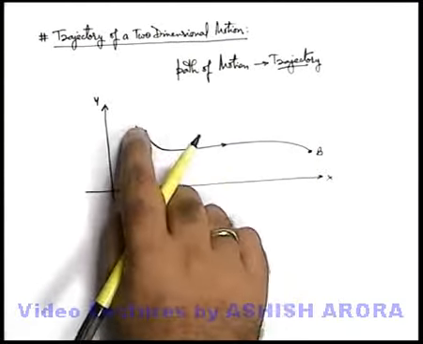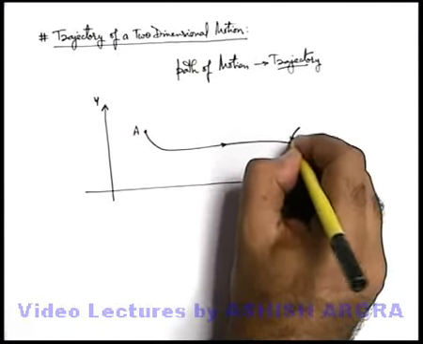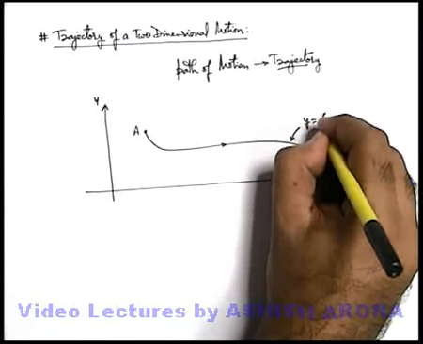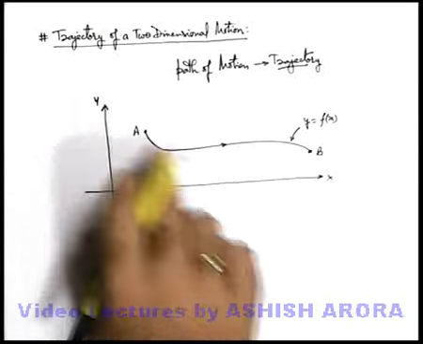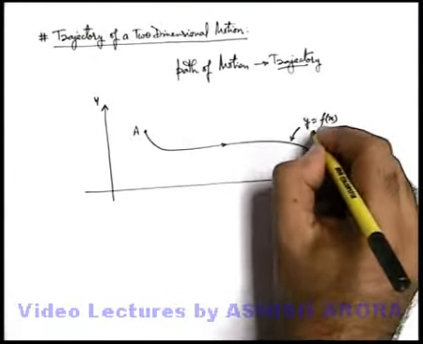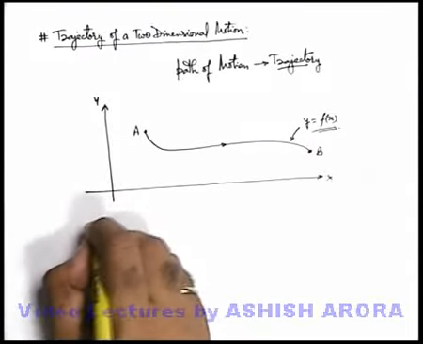Now as the particle moves in a coordinate system, this path must have an equation which relates the y and x coordinates, or say a function in y and x according to which the particle is moving. This equation y equal to f of x we term as the equation of trajectory.